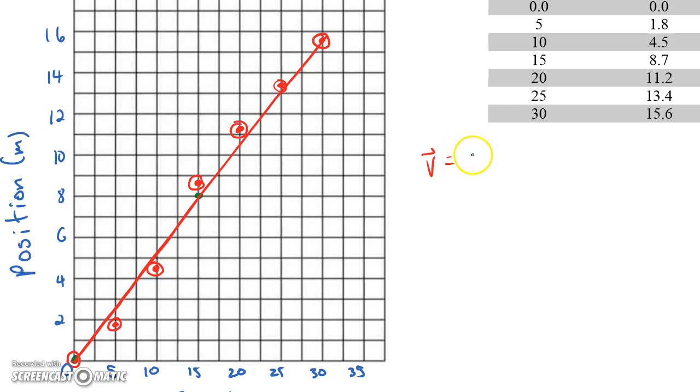So our velocity is our position final minus position initial. So we've got 8 meters minus 0 meters, and that's from our 2 points here, and 15 seconds minus 0 seconds.